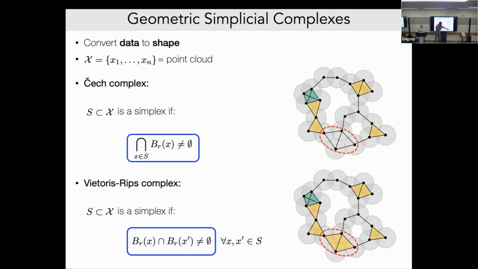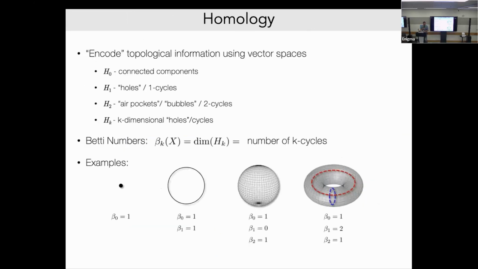Here we have all the edges, so we also include the triangles, but here the three balls do not have a common intersection, so these two triangles are left empty. And so they are very similar. One can be used to approximate the other, but there are mathematical differences and also computational differences when you try to compute one versus the other. But I will refer to both of them in this talk.